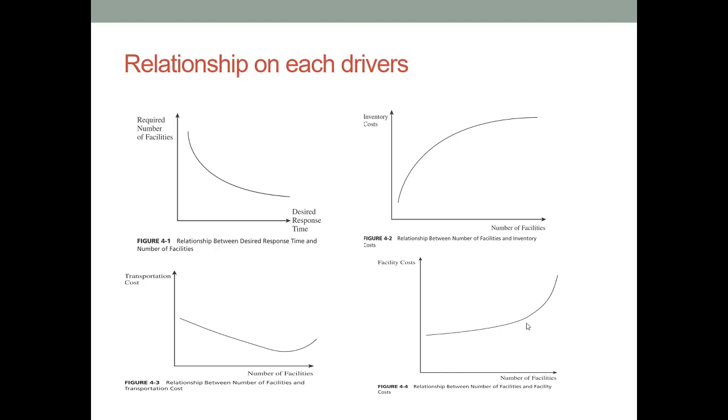The more facilities or warehouses you have, the more cost the company has to bear. With fewer facilities, the facility cost is lower, right? So this is how the relationship shows between the number of facilities and each of the drivers we have mentioned just now: inventory, transportation, and facility, right?